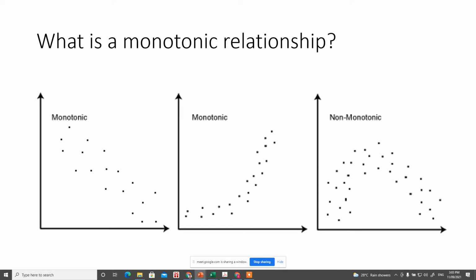So the difference between the Pearson product moment and the Spearman's is that Spearman's only measures the strength and the direction of the monotonic relationship. The Pearson product moment is very strict because it measures the degree and the strength of the linear relationship. So that's the difference between the Spearman and the Pearson product moment.